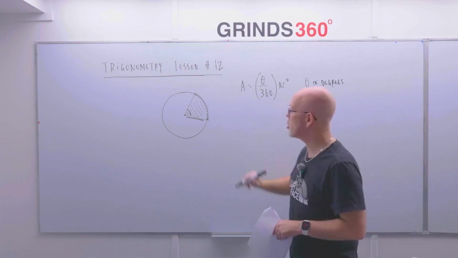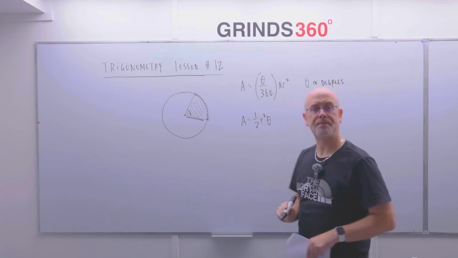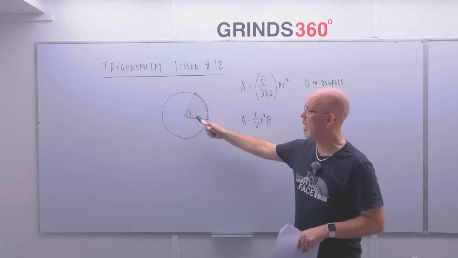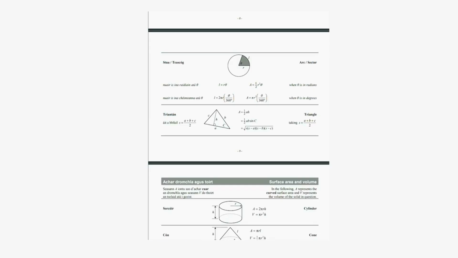If the angle is measured in radians, the formula is a half r squared theta. So it's a half the radius squared multiplied by that angle there. And like in the previous lesson, those formulas are also on page 9 of the state exams formula booklet. So on page 9 again, you can see there's the 2 formulas we met in the previous lesson for finding the length of an arc over here.